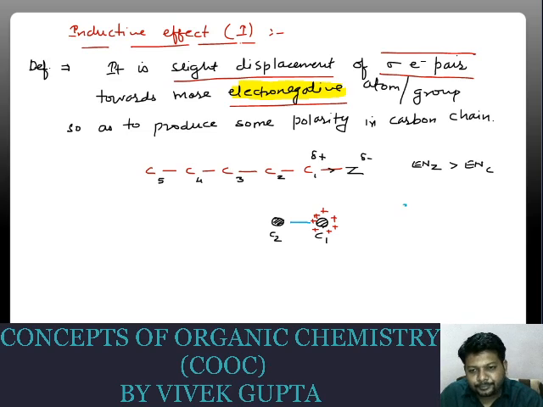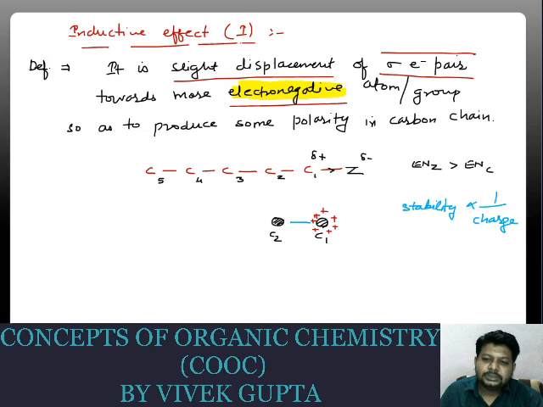The carbon which has acquired a positive charge wants to get neutralized. The reason is that stability is inversely proportional to charge, means charged species are less stable than neutral species. So every charged species wants to get converted back into the neutral species.